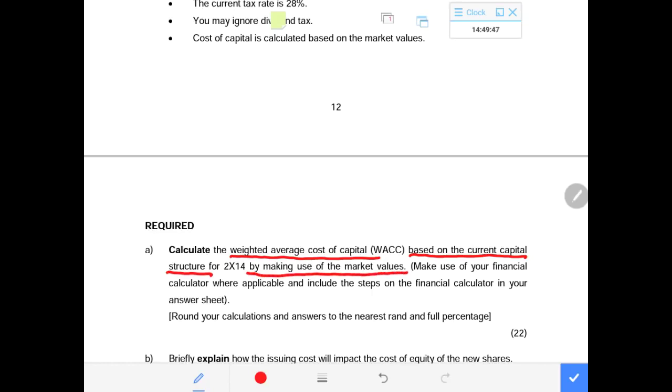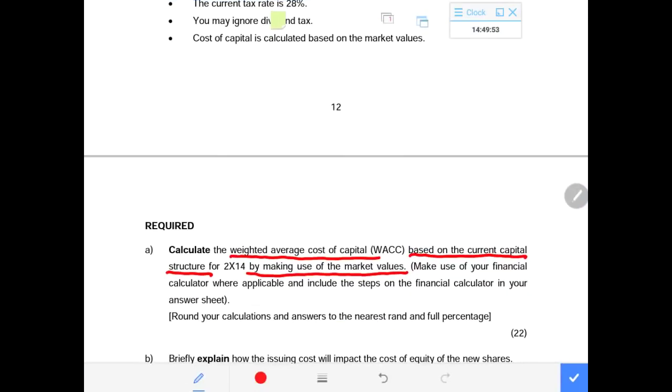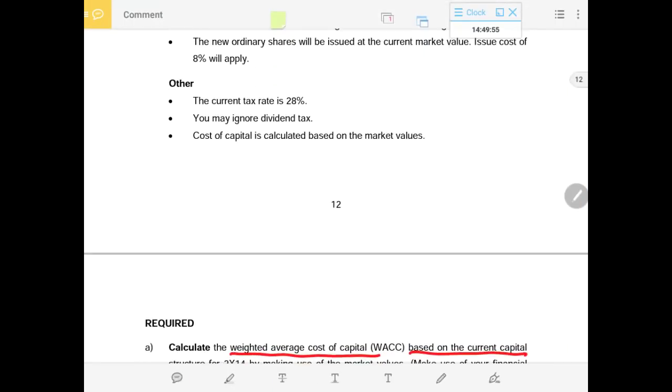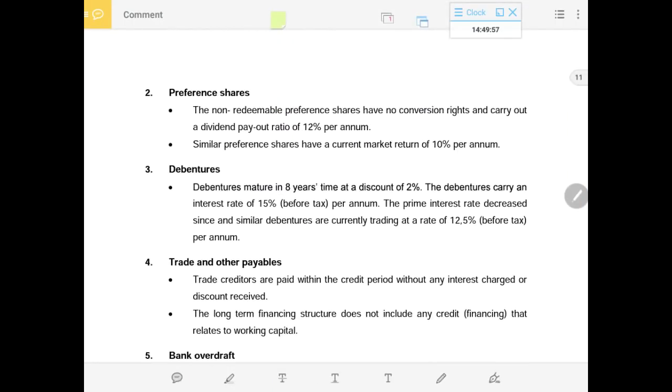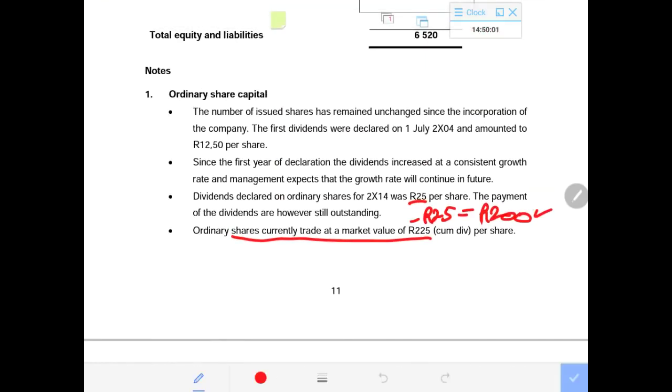Take note, we must make use of the market values. Hence we took the price of the ordinary shares on the market, which is 225 minus 25, and that was 200. That is why we took the 200 and we multiplied.